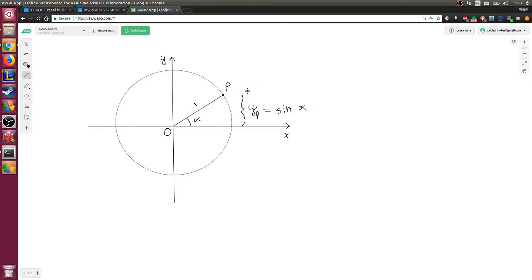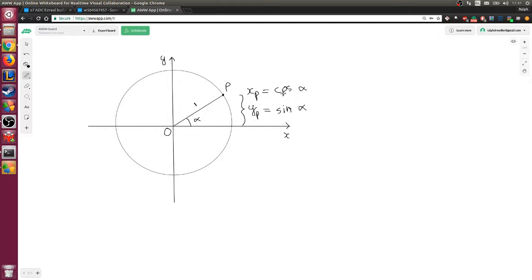And we also know that the x-coordinate is equal to the cosine of that same angle. And that really is a stellar result, because that means we can convert coordinates into trig functions.